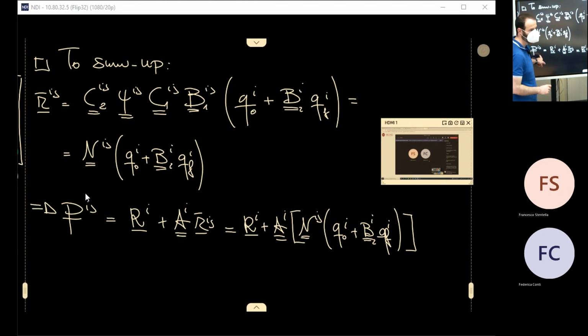And this I can make use of to elaborate my dynamics equation, because the equation of the dynamics we always write in the inertial frame. Okay.